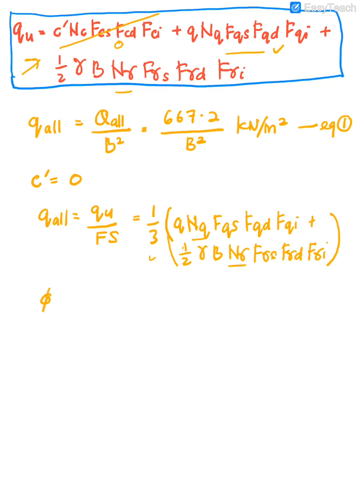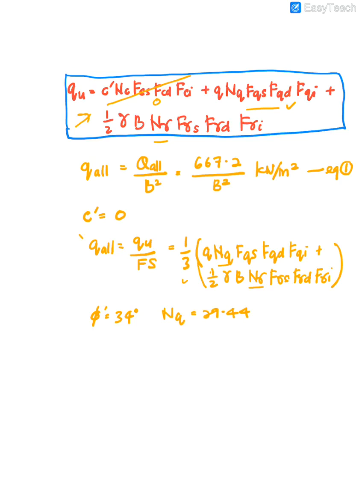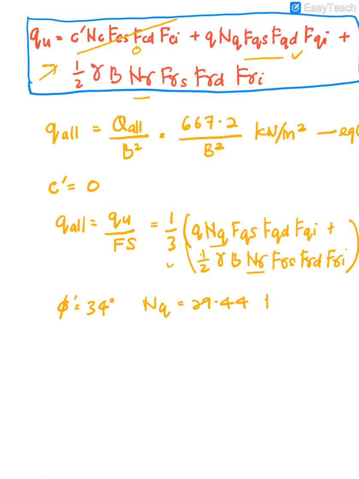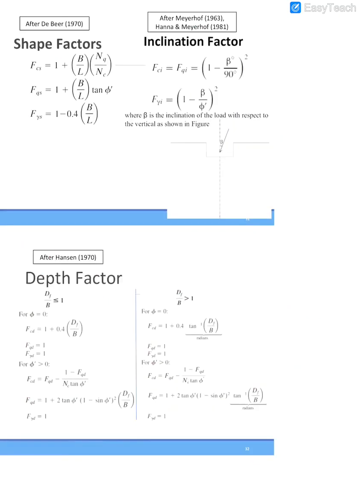So for friction angle 34, Nq is equal to 29.44 and N gamma is equal to 41.06, from the table.